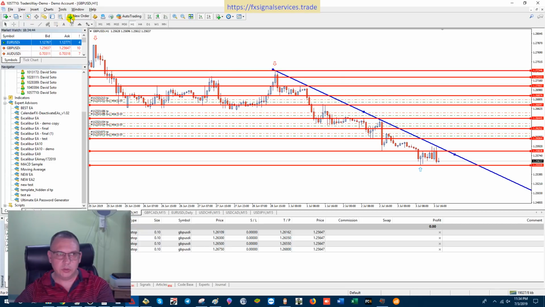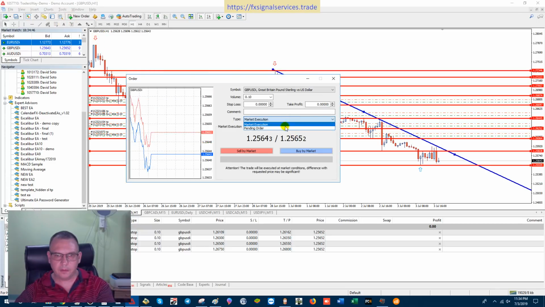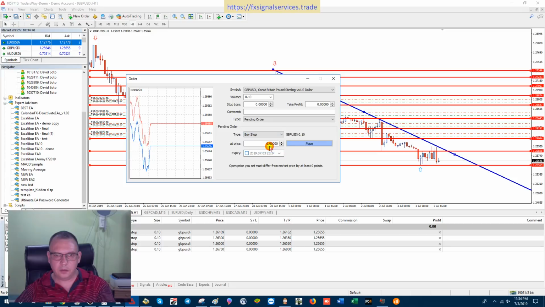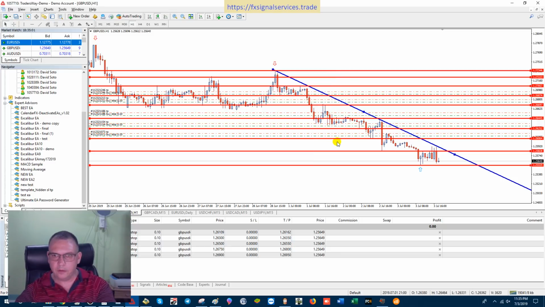And then I'm going to do another buy stop at 1.26 900 and put the take profit at 1.26 950. Okay, and then put another one. I probably could raise that up a little bit.